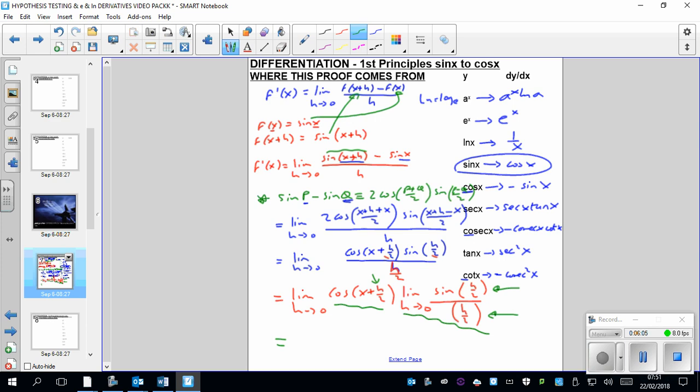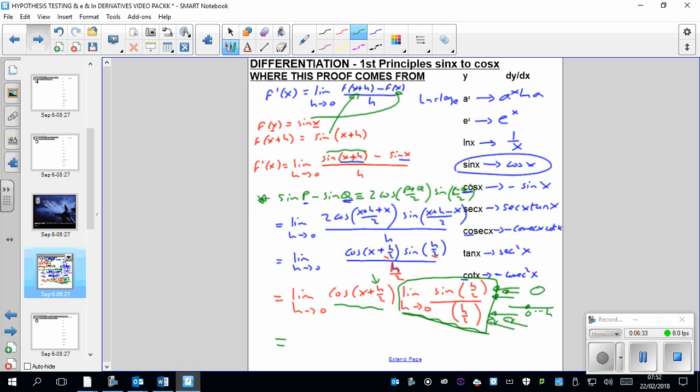So that's the difficulty, because if the bottom one went to 0 first, then we'd be dividing by 0. If the top one went to 0 first, as you get closer and closer to 0, so h is like 0.001, 0.00001, 0.0000001, maybe the top goes to 0, and therefore you've just got 0 over something, so that's just 0, do you see? This is the key bit that we need to address.